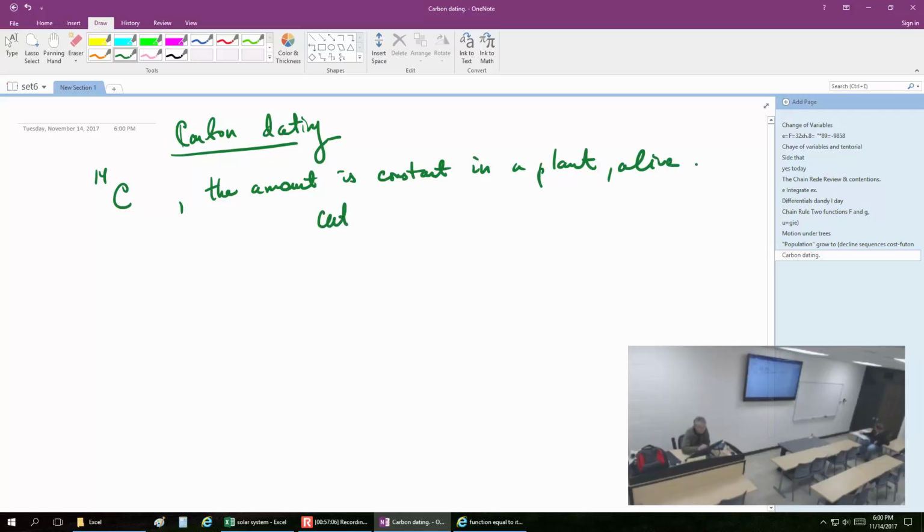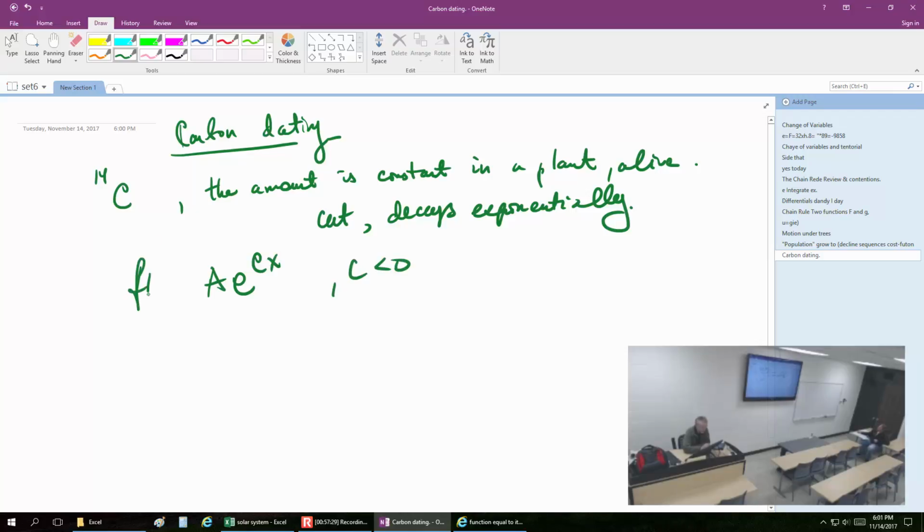But when it's cut, it's dead, it starts to decay exponentially. The function will then be a e to the c x, and c is negative. So that will be the amount, f of x, of that particular radioactive element, and it will be decaying exponentially.